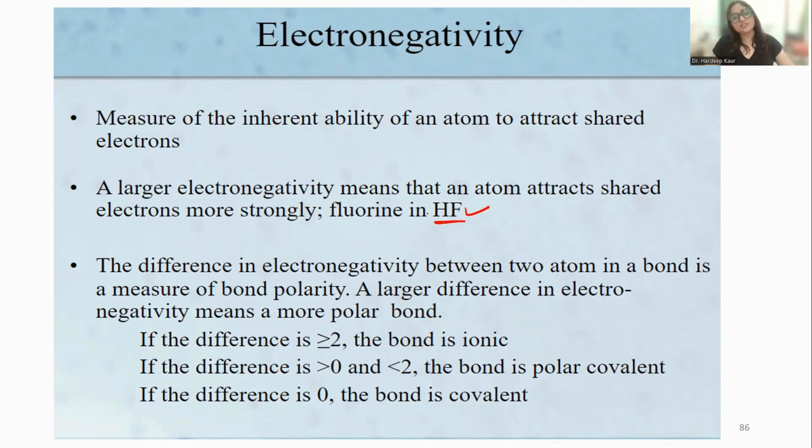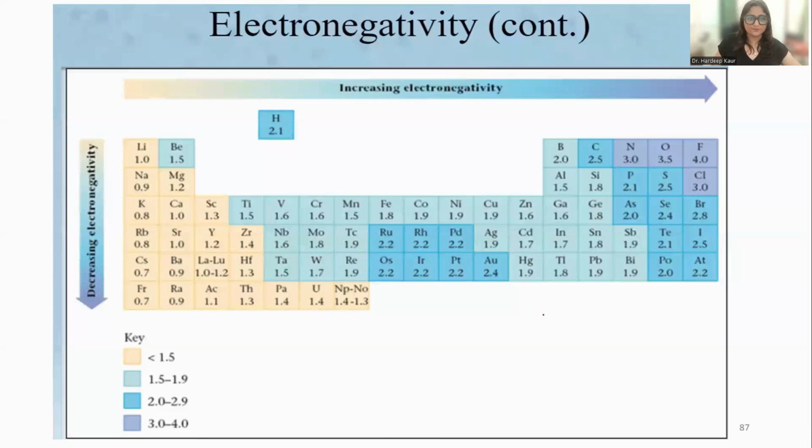The difference in electronegativity between the two atoms in a bond is a measure of bond polarity. The larger the difference, the more polar the bond. If it is zero, the bond is non-polar covalent; between 0 and 2, it is polar covalent; but if it is greater than 2, it is an ionic bond.